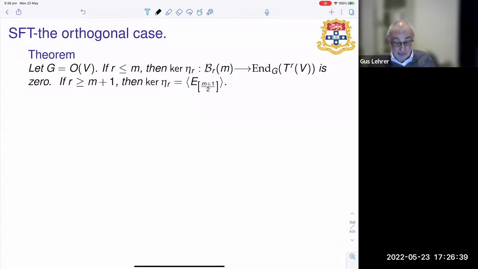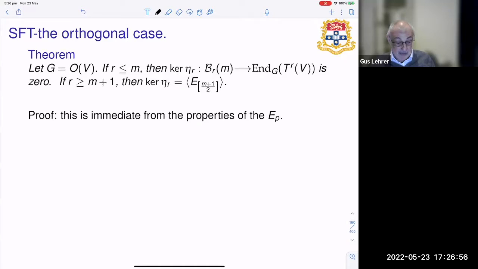But if R is at least the dimension plus 1, then the kernel is generated by this single idempotent there. In a sense, this completes Brauer's program from 1937.